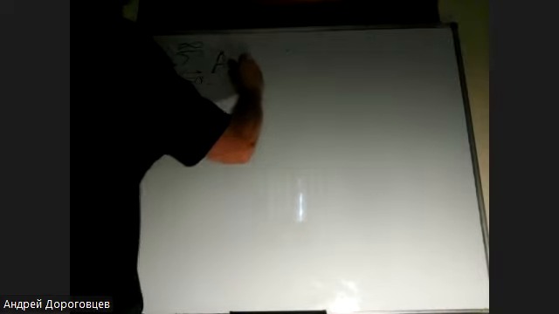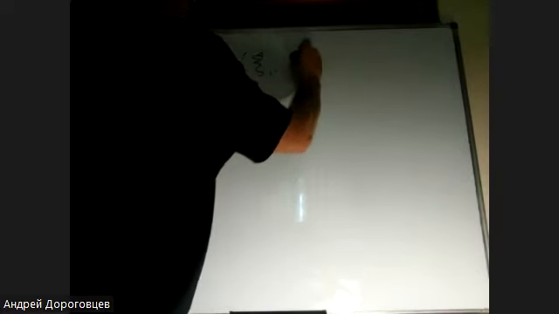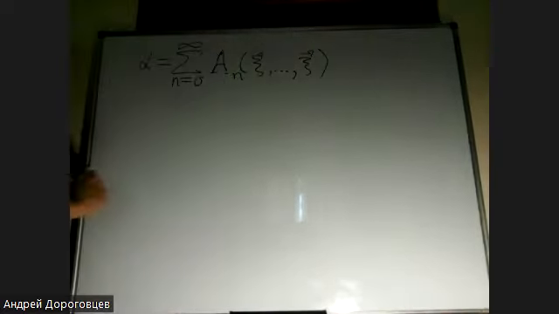So now let us have a random variable alpha, which has the following expansion: the sum of a_n psi, and define its stochastic derivative.